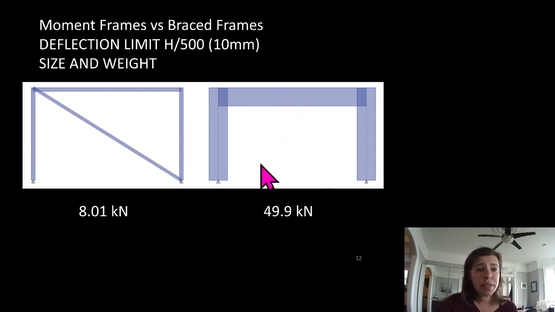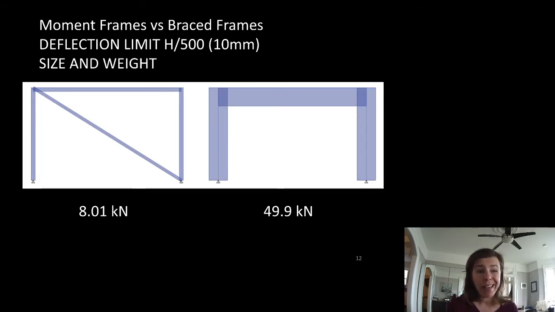So moment frames, you can use them, but they come at a very big cost. Should you never use moment frames? No, that's not what I'm saying. You as the architect have a bunch of different criteria that you need to worry about as well. And aesthetics can definitely be one of them. But I am here to tell you what the cons are to a moment frame.